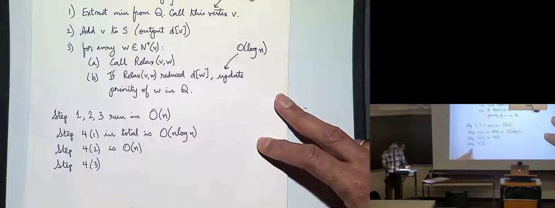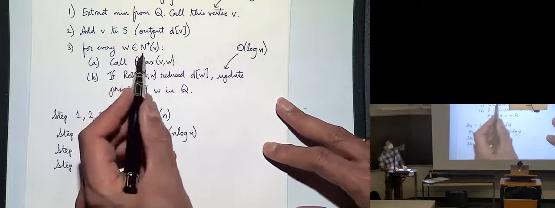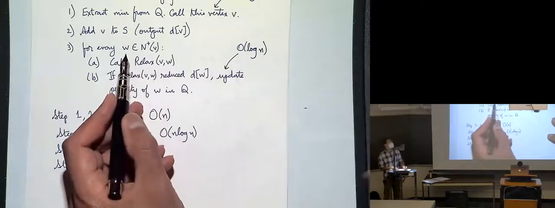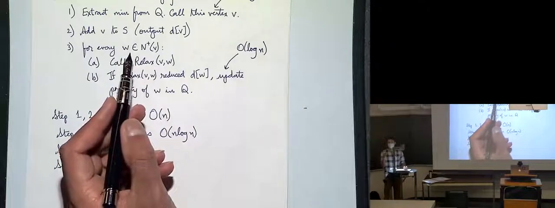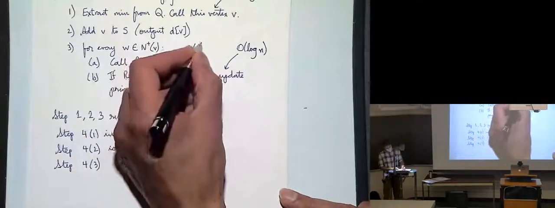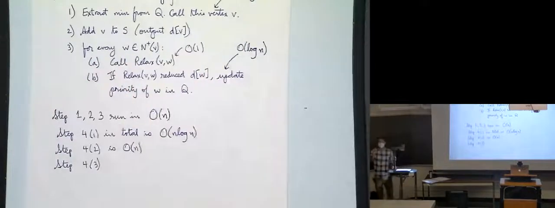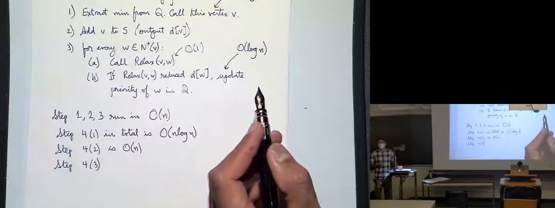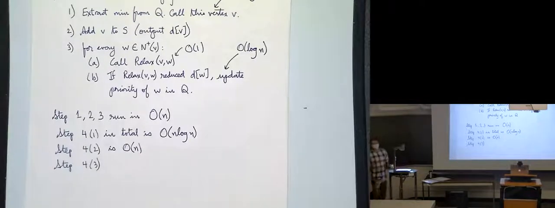Step 4.3, for every vertex, when v gets extracted, you look at all of its neighbors and you call relax. This is just an O of 1 operation. For every neighbor, you may potentially update the priority queue. So how many updates are you doing in total? M, right? Because for every edge, there's one update.